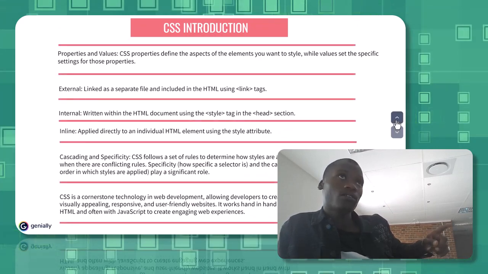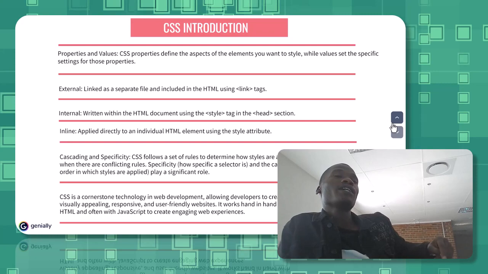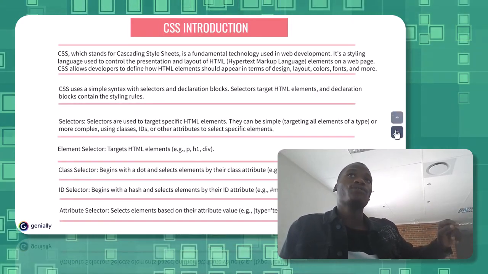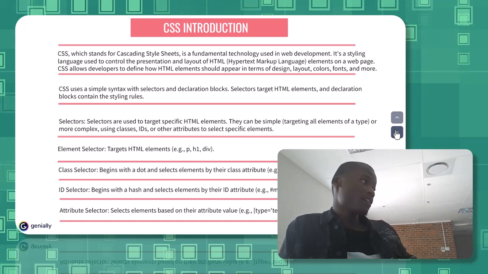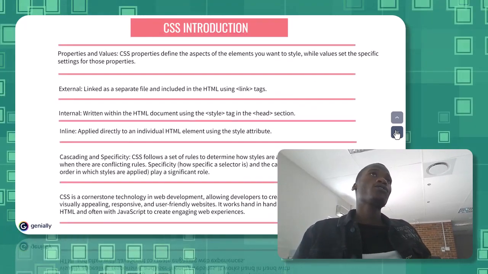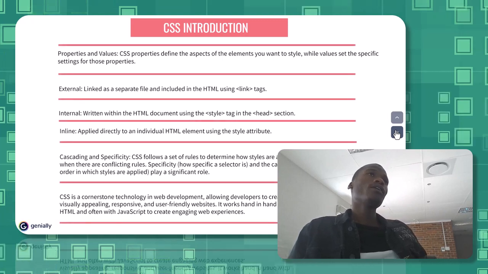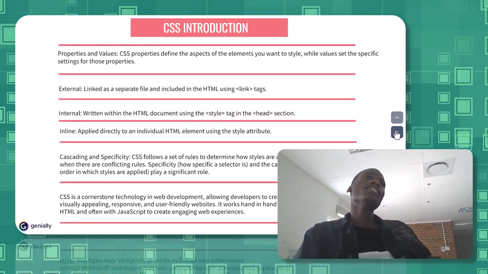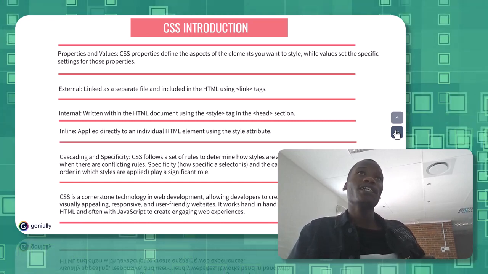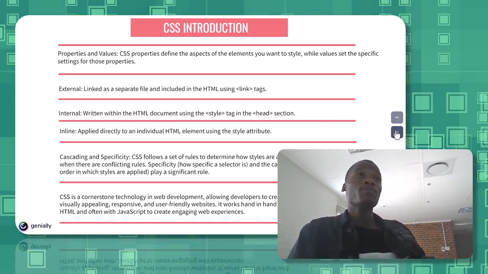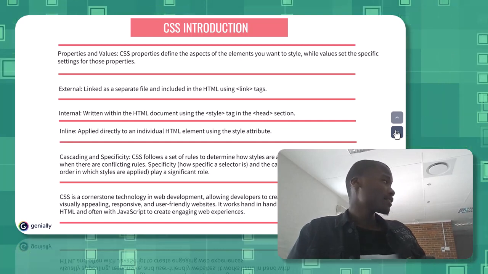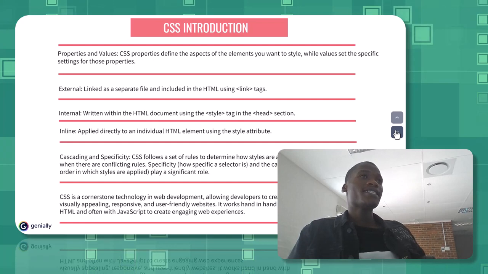Okay. So, as I said before, in CSS, we work with properties and values. I'm going to give you live examples so that you can see. Properties and values. CSS properties define the aspect of the elements you want to style, while values set the specific setting for those properties. Just forget the big words, guys.